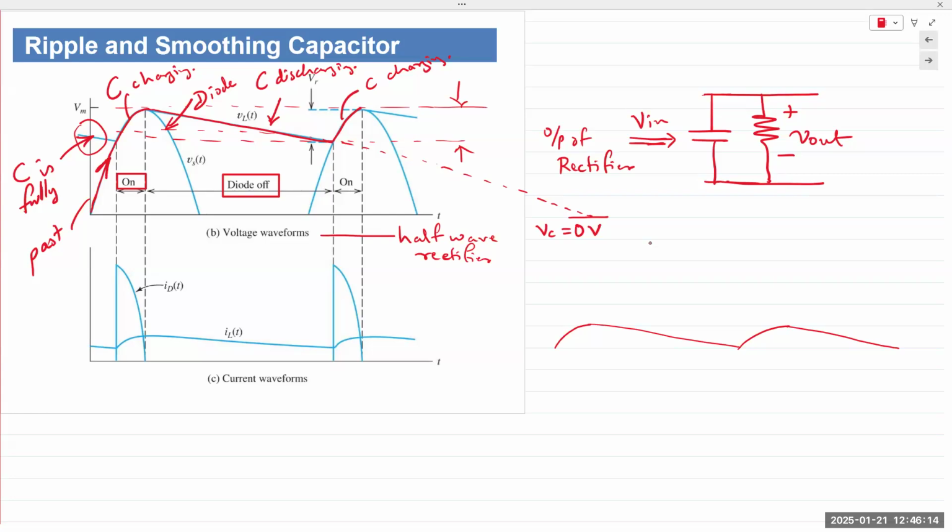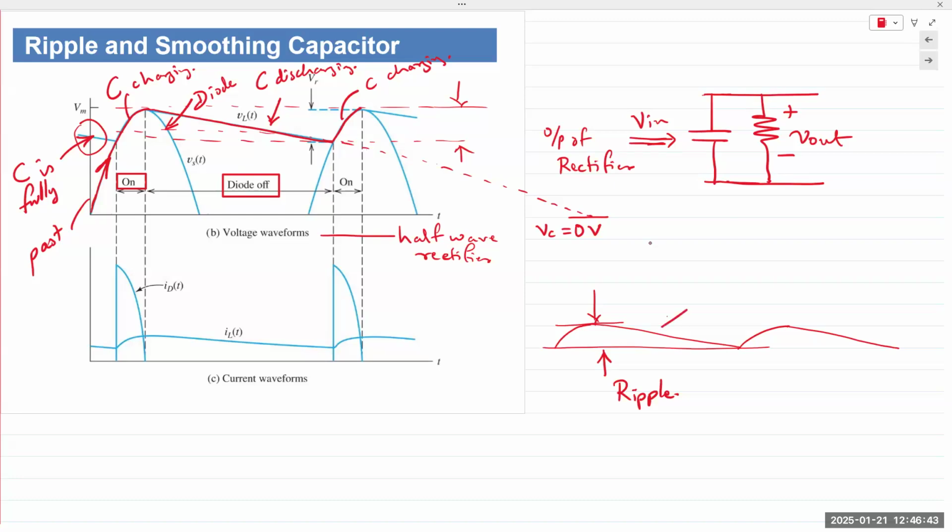is basically a ripple. Looks like the surface of the ocean. Ripples of waves. Okay. And so this is known as an electrical ripple.